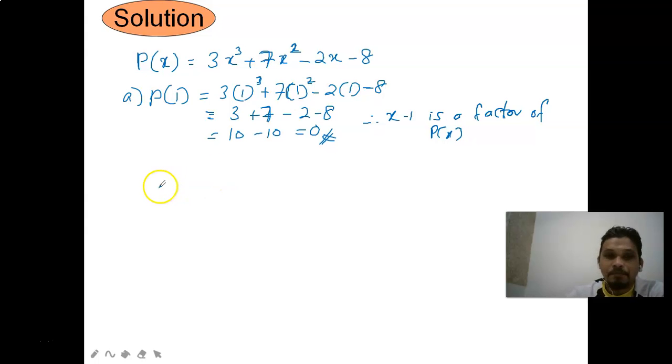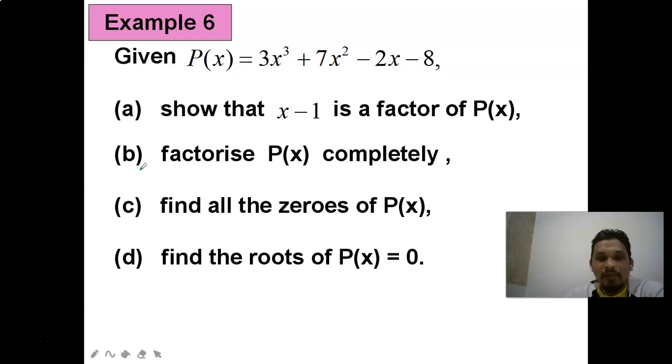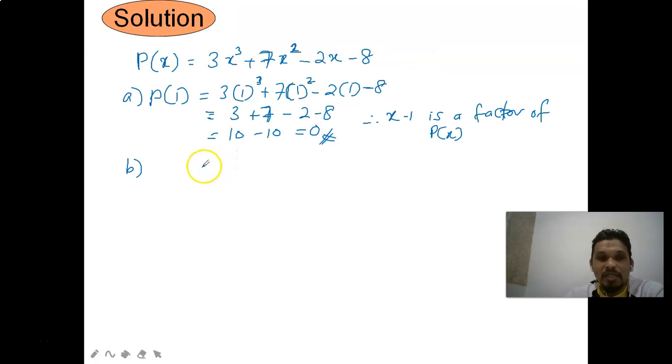Okay, next one, what's the question? Factorize P(x) completely. So it means that here 3x cubed plus 7x squared minus 2x minus 8 equals, okay, so this one, the factor of the zeros that we have done, we call completing the task here.